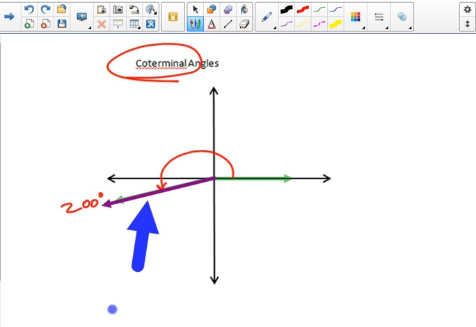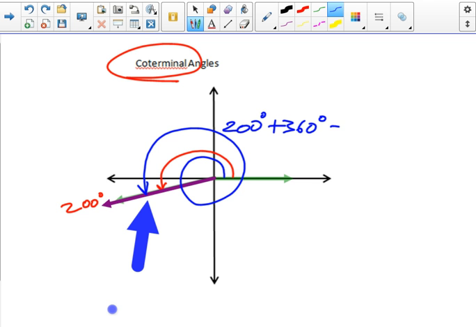They end up at the same terminal side, but the purple got there by a different route. To be coterminal, it would have to be the 200 degrees plus one full revolution, 360, so that would be 560. So you're probably picking up that to be coterminal, you either have to add or subtract 360 degrees, one revolution. For example, another coterminal one, we'll pick a different color.